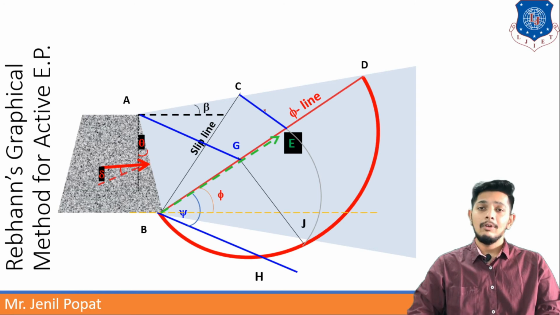Now in the same way we can draw BC, and the BC line will be my slip line or rupture line of this retaining wall at the time of failure.